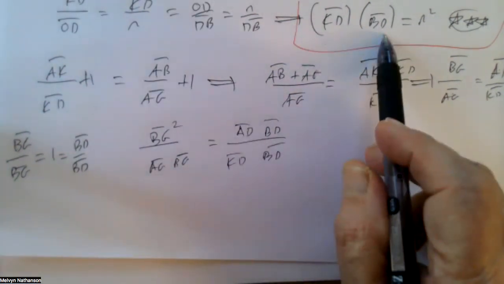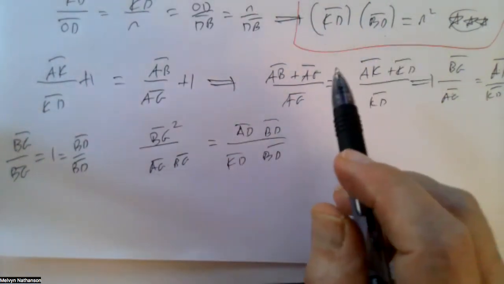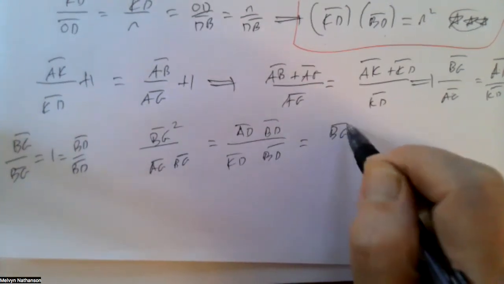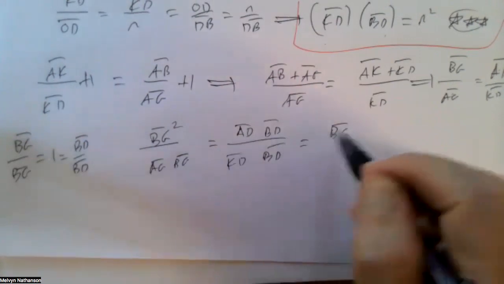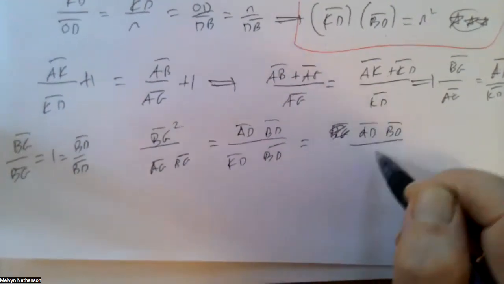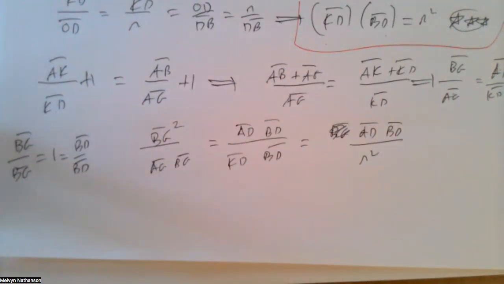But KD times BD is R squared. So this is BG squared over AG BG. This is AD times BD over R squared.